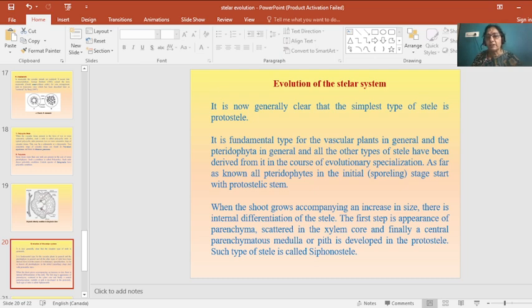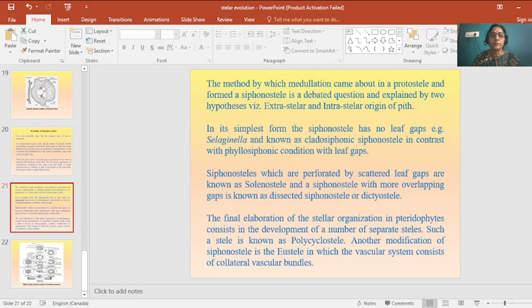Pteridophytes in the initial stage start with a protostelic stem. When the shoot grows, with an increase in size there is internal differentiation in the stele, and the first step is the appearance of parenchyma scattered in the xylem core, and finally a central parenchymatous medulla or pith is developed in the protostele. Such a type of stele is called siphonostele.